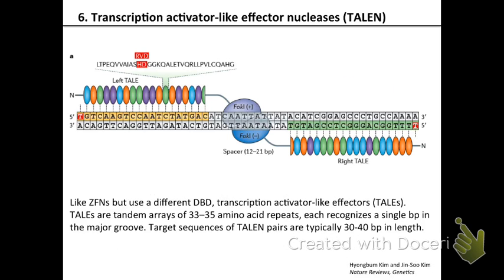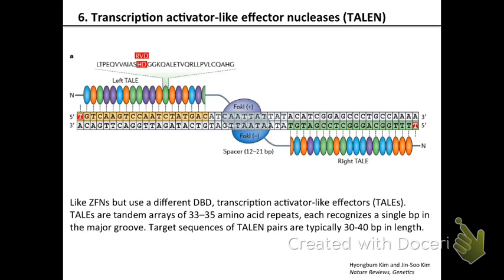All right. So the second type of programmable nucleases are called TALENs, transcription activator-like effector nucleases. Again, they're using the knowledge of transcription factors and how they bind to specific DNA sequences, and harness that power to engineer a protein and target it to a specific site, right?